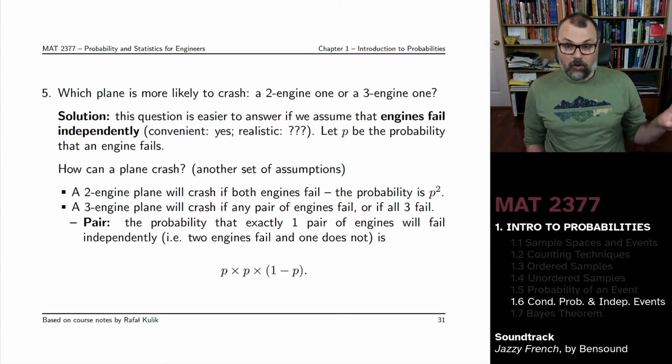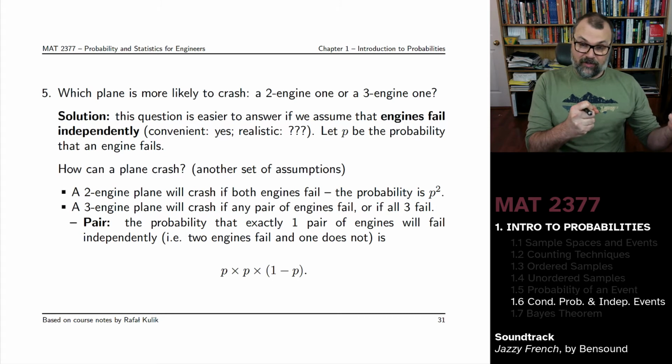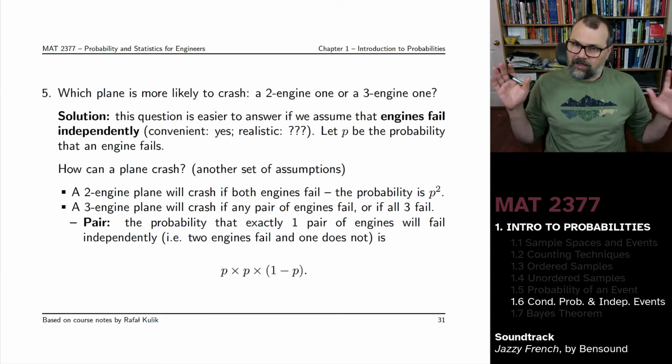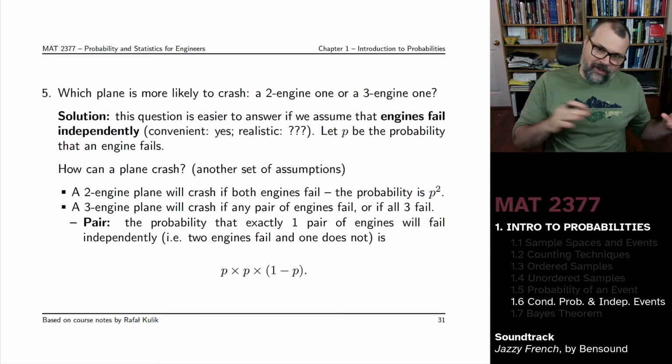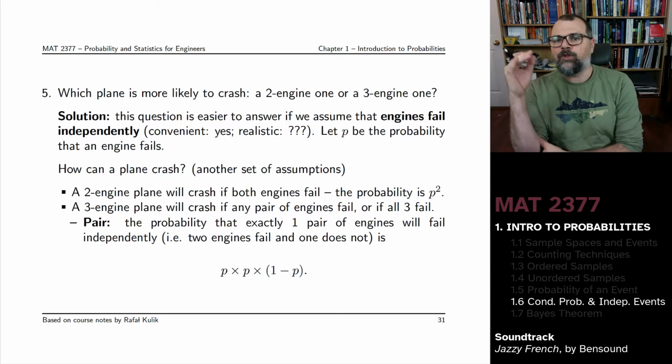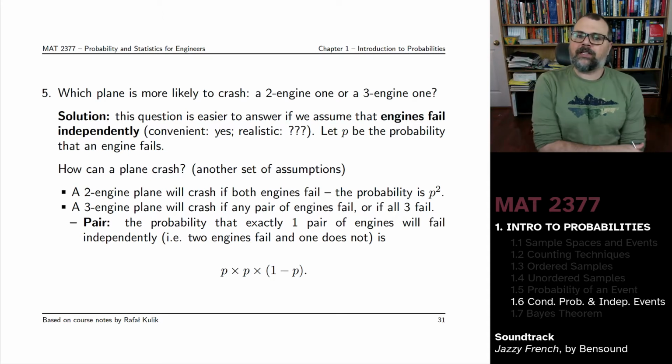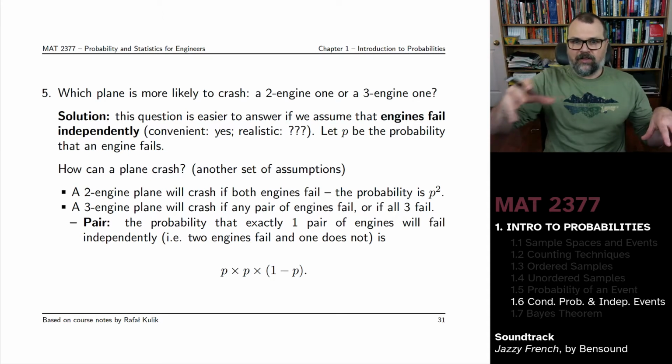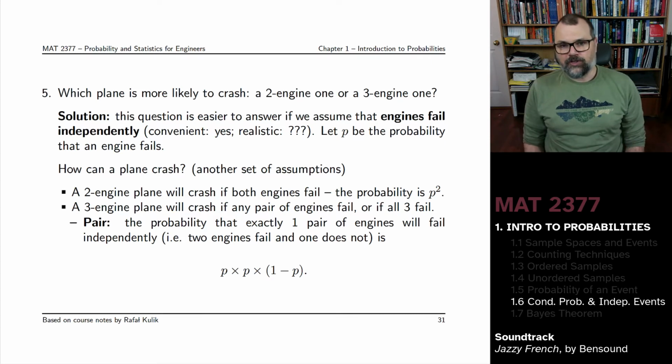Well, whatever they worked on is more likely to fail. And so if one of them has failed and you know that both of the engines have been built by the same engineer, the failures are probably not independent. But we can assume that that hasn't happened, or that the engines come from a big enough factory that when you build a plane, you don't necessarily take them one after the other in the production chain.